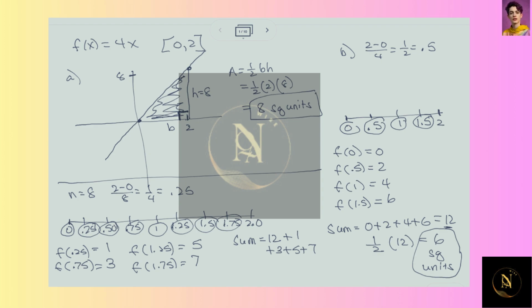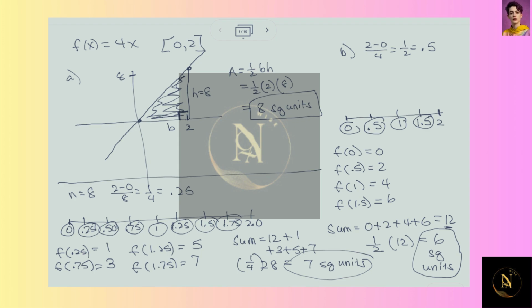That is going to give me 28. I'm going to multiply that this time by a fourth. So that gives me 7 square units. So you can see that's a better approximation, right?